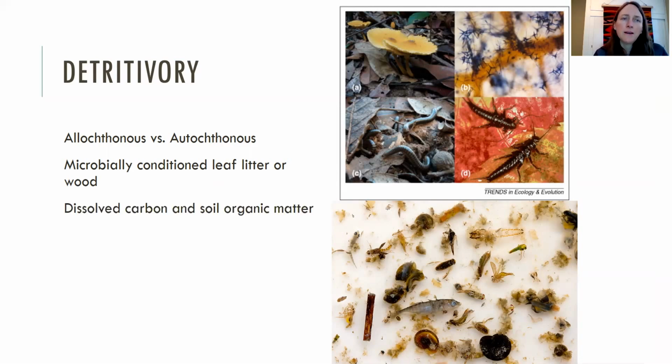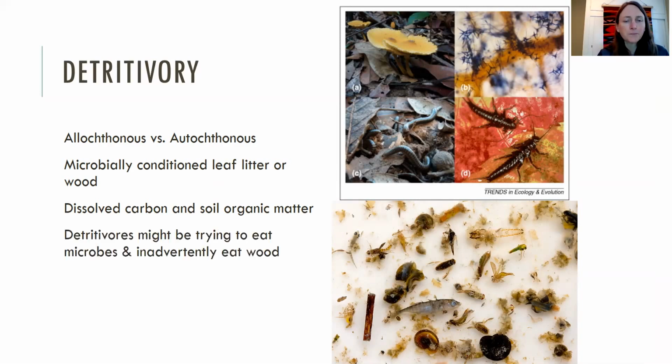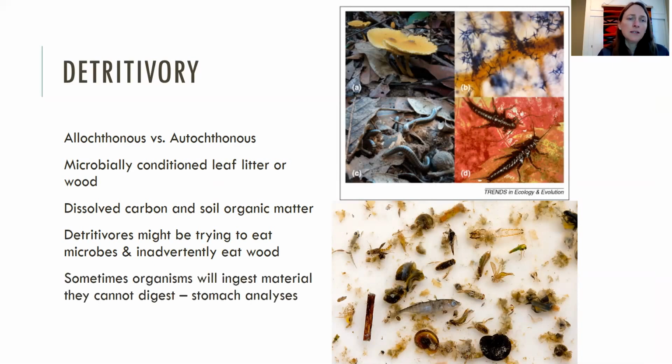Detritivores can influence dissolved organic carbon concentrations, and so can these allochthonous inputs. So when leaf litter falls into the stream, dissolved organic carbon can leach out. Soil organic matter can come into stream systems through leaching and runoff from the forest floor. And detritivores, like I said, might be trying to eat the microbes and inadvertently eat the wood.